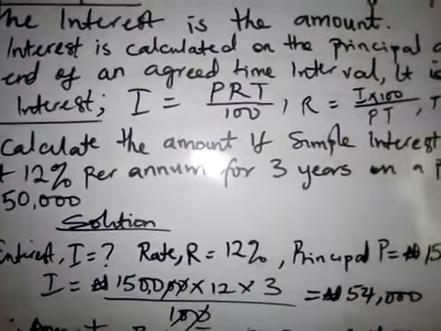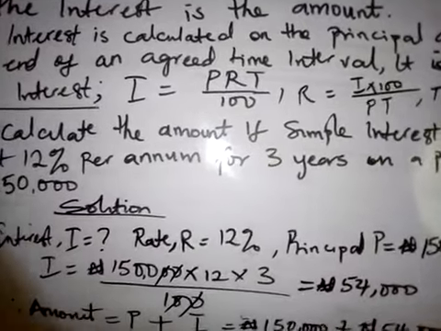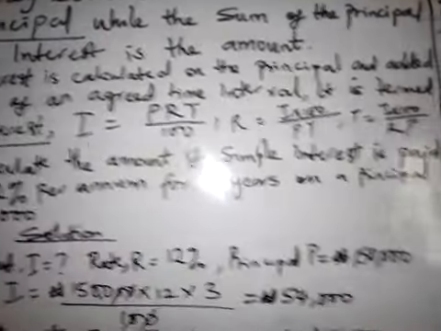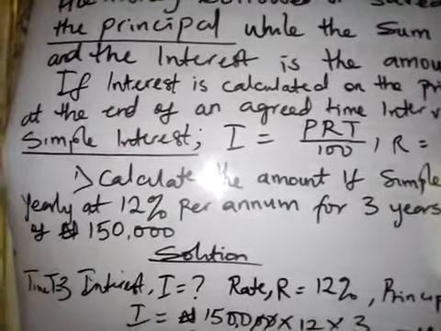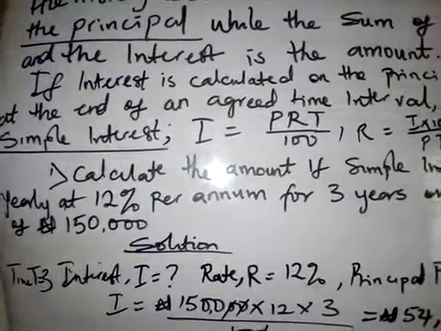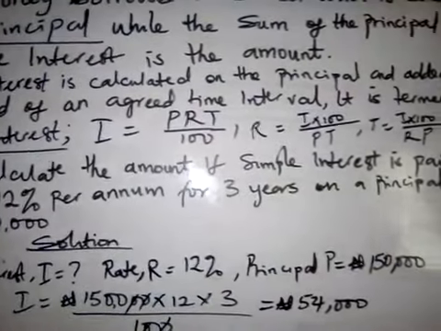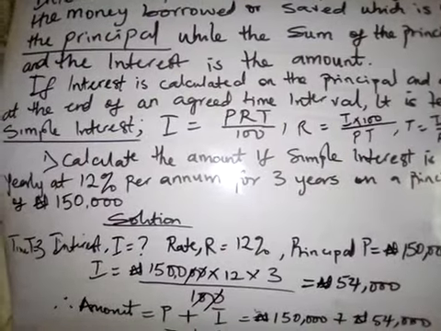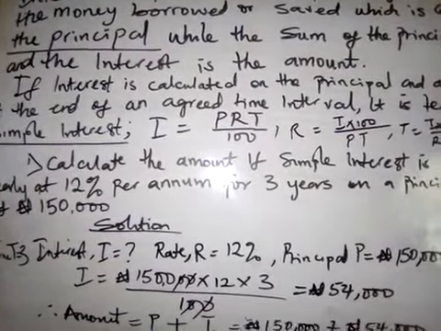Calculate the amount if simple interest is paid yearly at 12% per annum for 3 years on a principal of 150,000 naira.